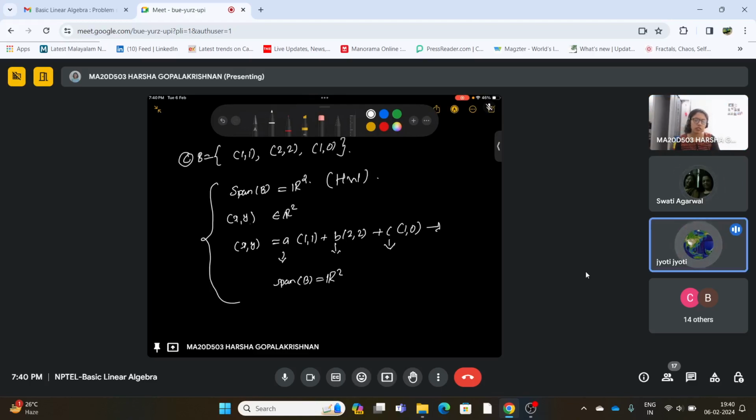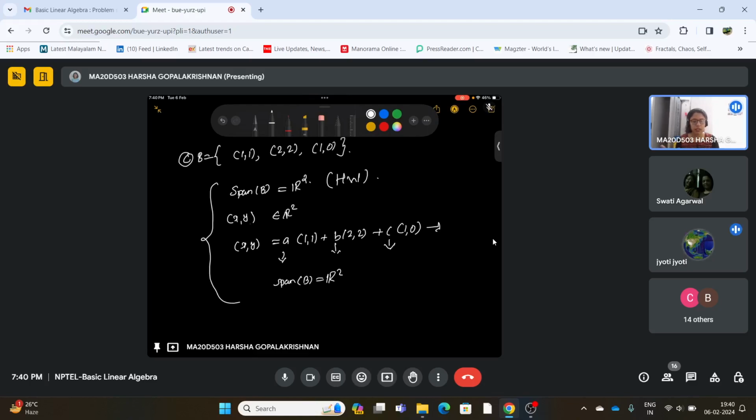The first two elements are linearly dependent here. If you are not coming to linearly dependent, because we haven't gone through linear dependence and independence, so everyone might not know that. So can you say the condition that we already used? What we used, the span of B equal to R2 and one more condition, right?